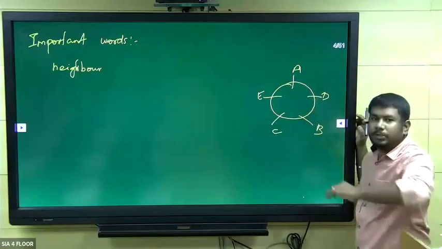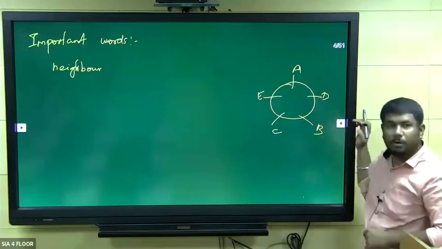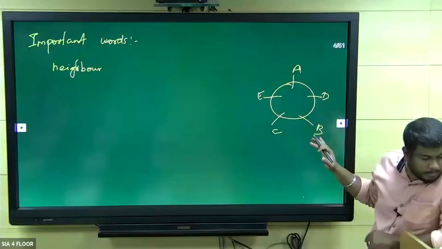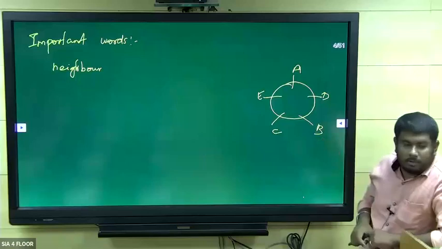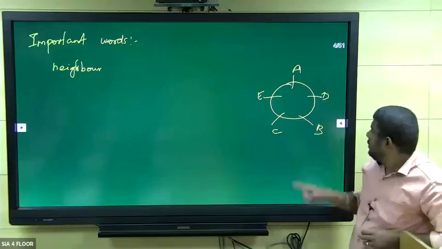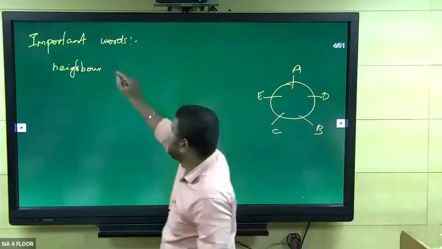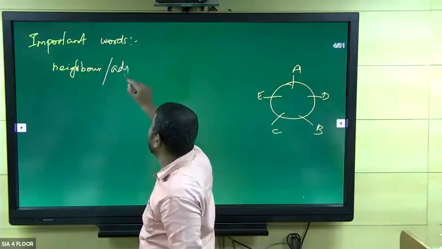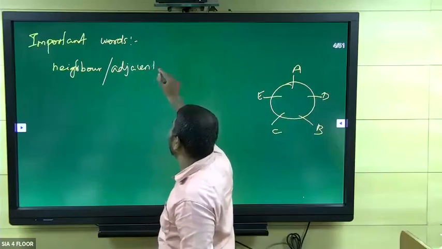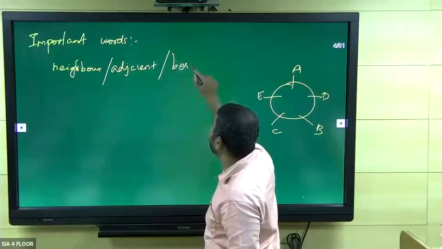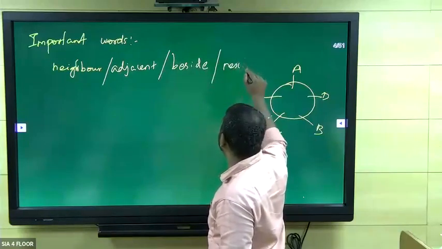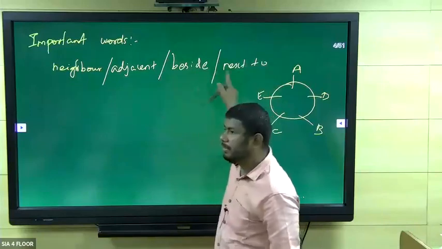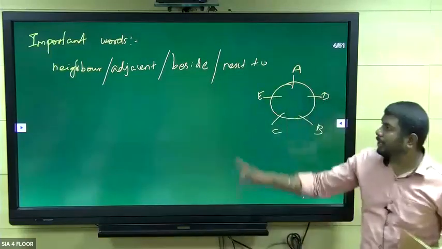So who sits adjacent to B? Yes, C and D. Okay, listen here. Neighbor, adjacent, beside, next to, all these words refer to the same meaning, neighbor.